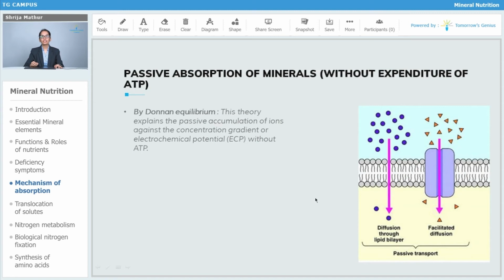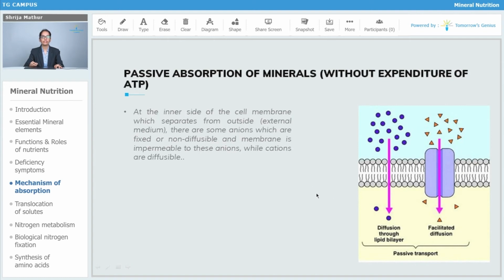Now there was a scientist who gave us an equilibrium. So let's look at the Donnan equilibrium. This theory explains the passive accumulation of the ions against the concentration gradient or the electrochemical potential without ATP. So here there is a transfer without any ATP use, but it is against the concentration gradient.